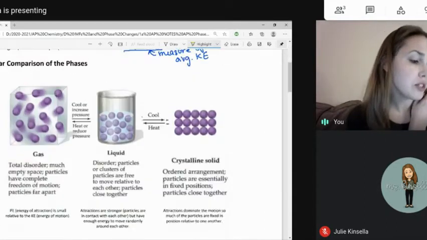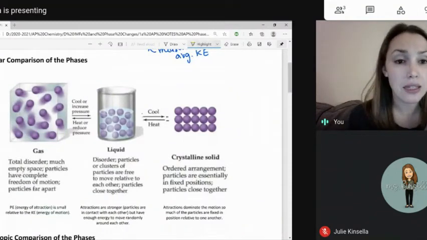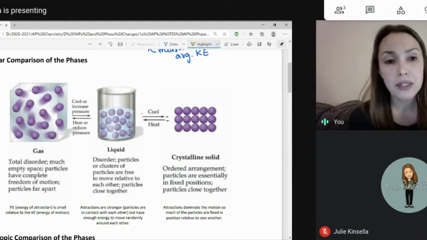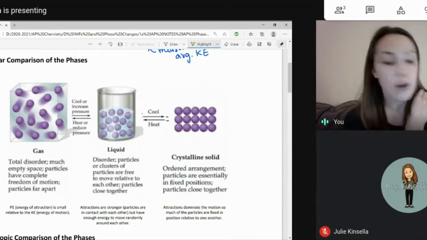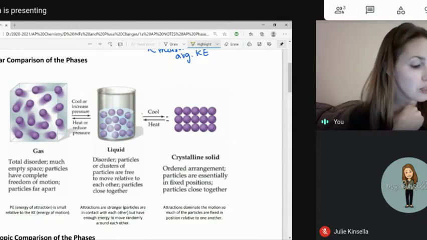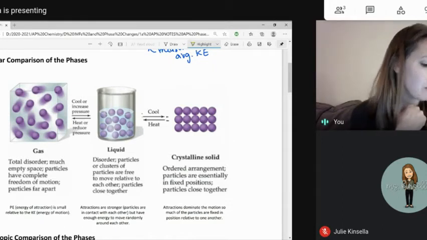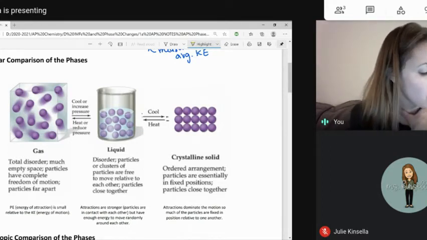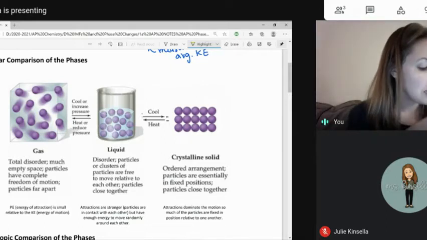All right, so you do need to know the differences between solids, liquids, and gases in terms of particle arrangements and different properties of each of those phases. So let's just start with a gas. In these, the particles are spread out far from each other. You can see the space. They completely fill the space that they're placed into, their volume. You can see from the textbook, it talks about total disorder, much empty space between them.